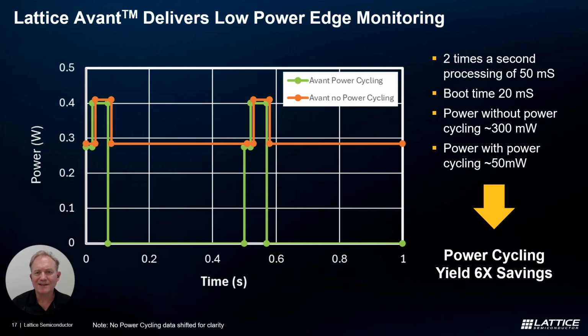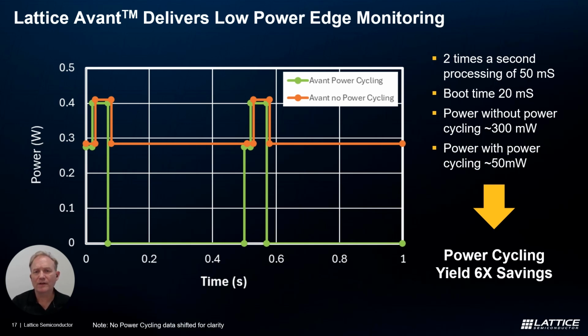The power drawn during configuration is about the same as static, so we're consuming about 300 milliwatts during configuration. Once we're configured, we do our processing task. That's about 50 milliseconds, and we're consuming about 400 milliwatts.